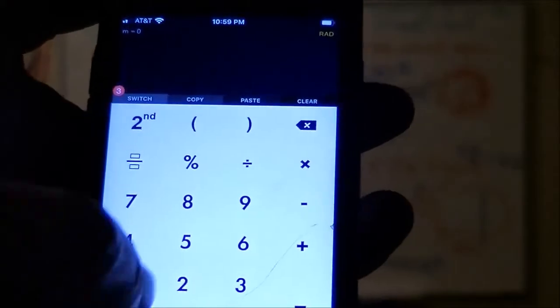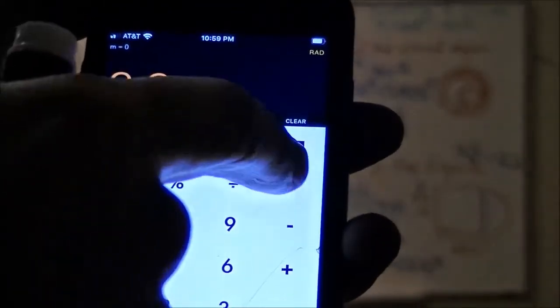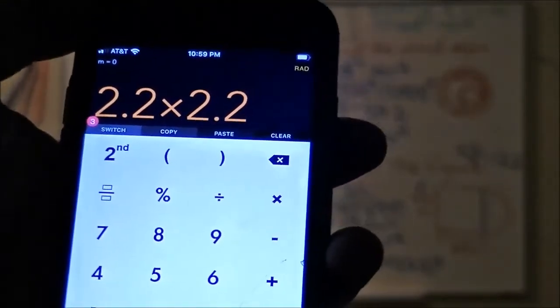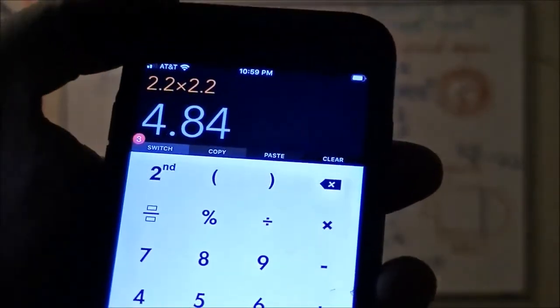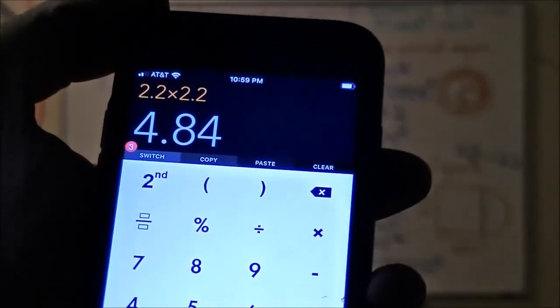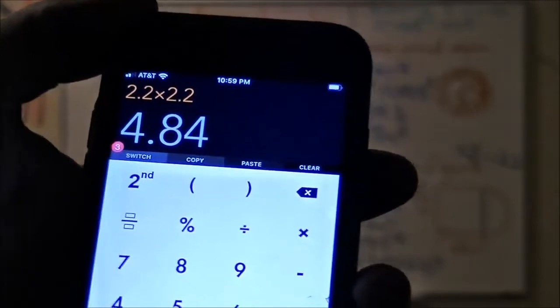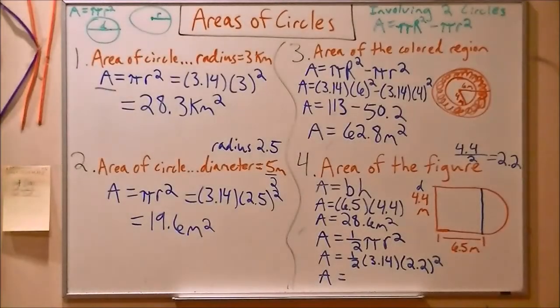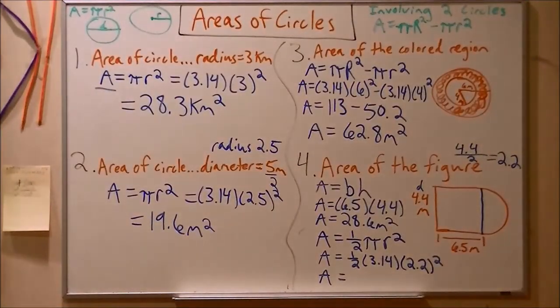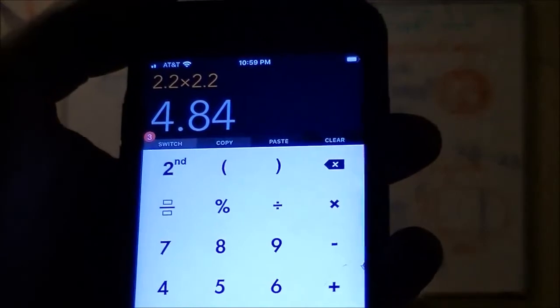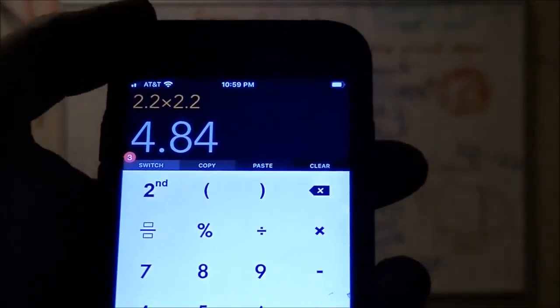It's all the way to the right because of order of operations. So I'm going to punch in, first of all, 2.2 times itself, and that equals 4.84. All right, and then we can do all this just one after another. Technically, we're supposed to go left to right, but since it's all multiplication, it makes no difference in what order you do it. They're all going to be multiplied to each other in the end.